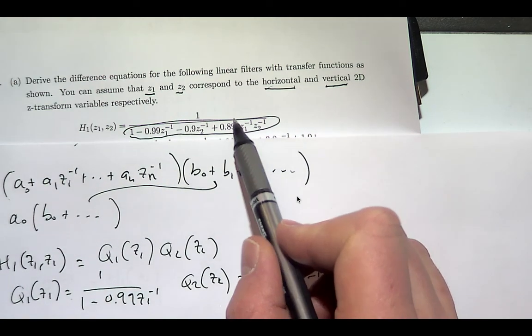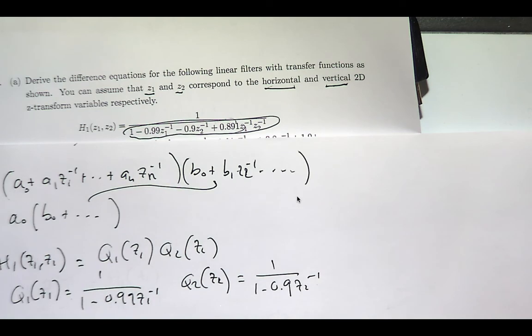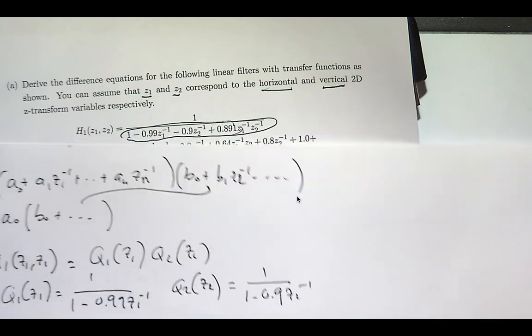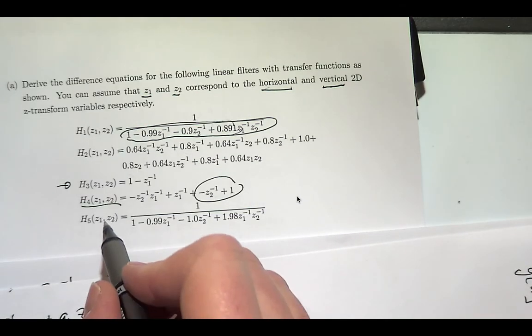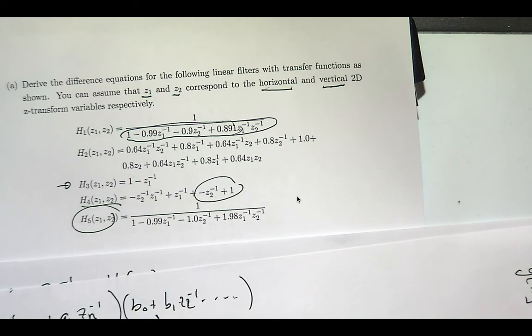Because this one is indeed the product of these two. Fine, so it's the same story. And if you keep on going, you'll probably realize that H5 is not separable.